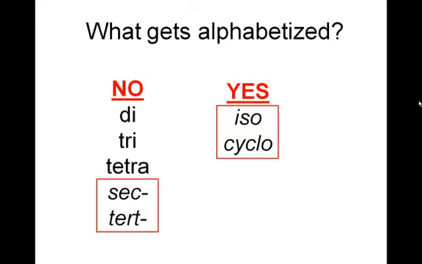It's the number of the carbon, right? Or the number of carbons attached to that carbon. It's really the only way that I can remember the difference between sec, tert, and iso. So iso is telling you something about the structure. It's not referring to a number, where sec and tert do refer to a number. So sec and tert do not get alphabetized when you're naming compounds.